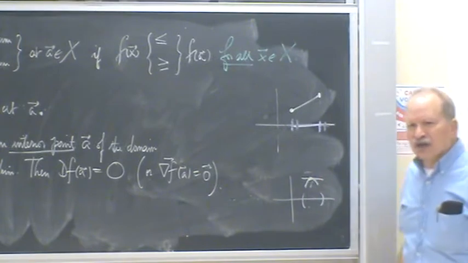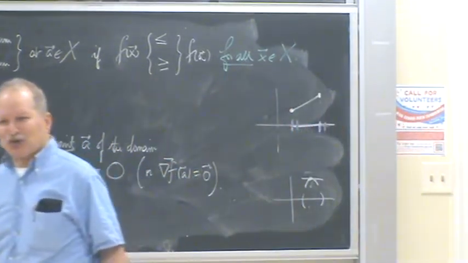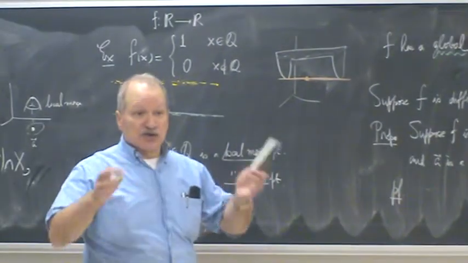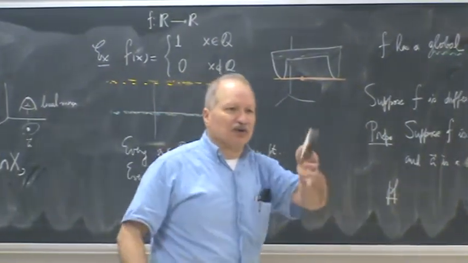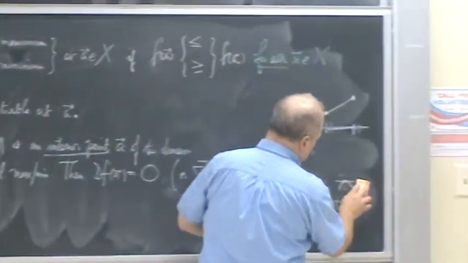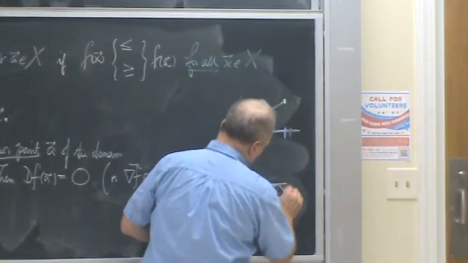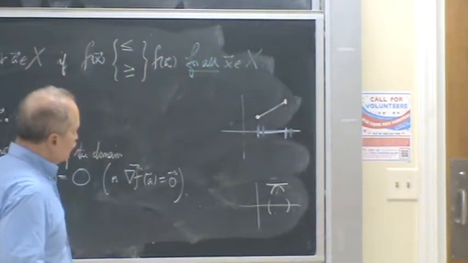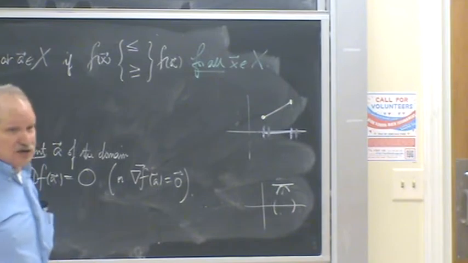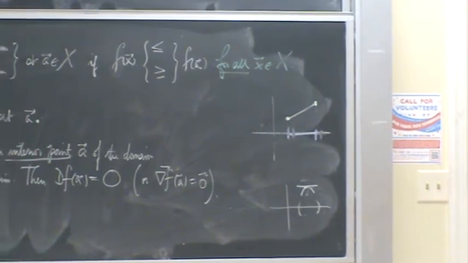This came up actually in some homework back in chapter 3, and some of you were trying to give a proof of this, and I said, no, you can just use it from single variable, but we'll review it, so here we are. If the first graph that you drew on top had those 2 points not included, so it was open, could you have a local max or min? You would not have a max or a min if it were an open interval.